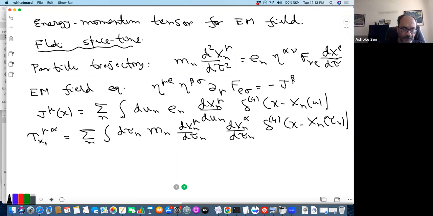So we have seen all of this before. And what we also verified last time was that this energy momentum tensor is conserved, but that was for neutral particles. Okay, so let me remind you again how it went. So if you take the divergence of T^μα.